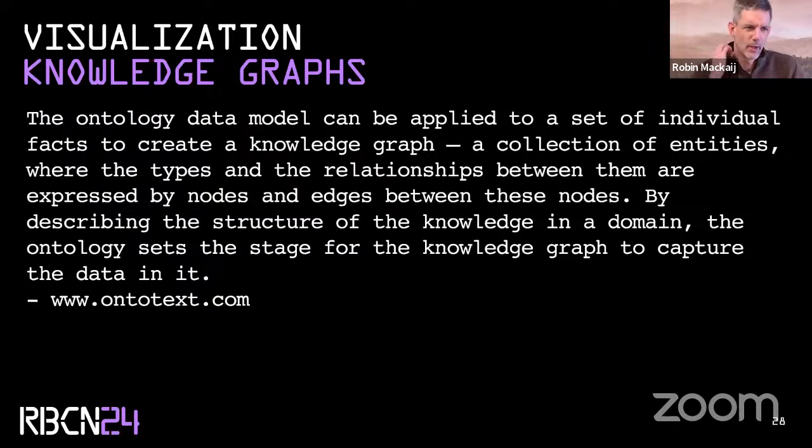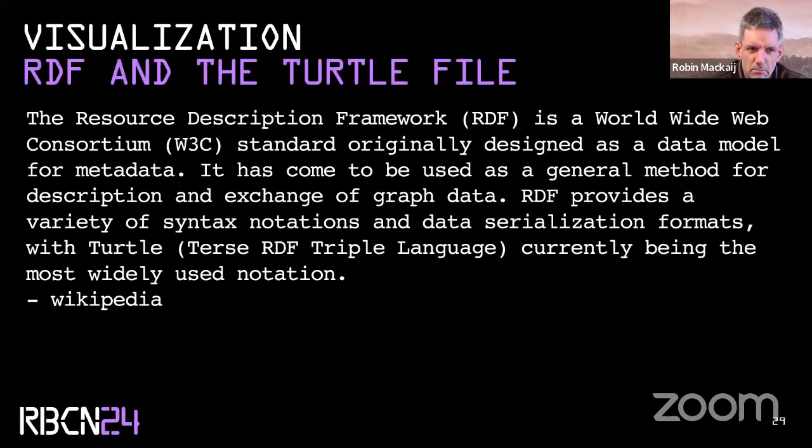And then we are talking about knowledge graphs. So we have a data model, and we have facts, and we can create a graph. A lot of text again, but in the end, we get to a Resource Description Framework.